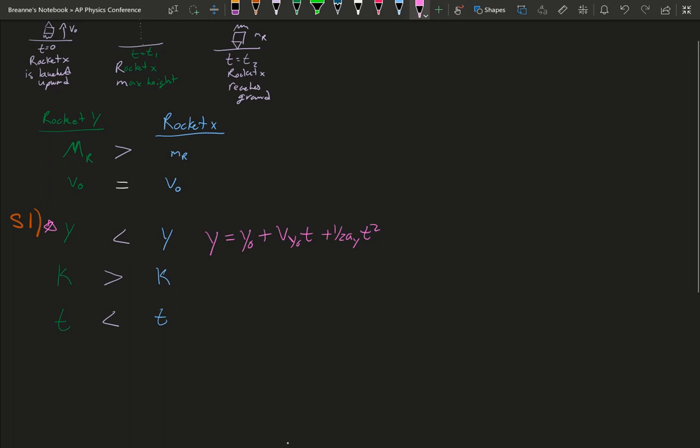So we know that y is going to be our max height. Y naught is just going to be 0 because we're starting at 0 height. We know our initial velocity. We don't know our time. And our acceleration in y is just gravity.